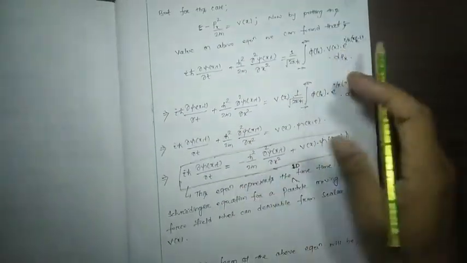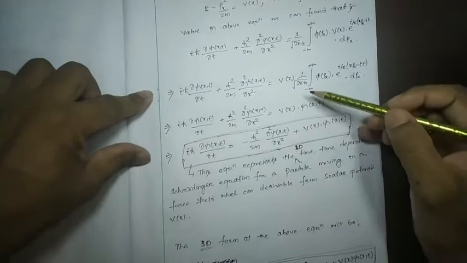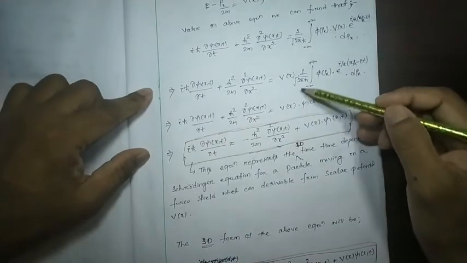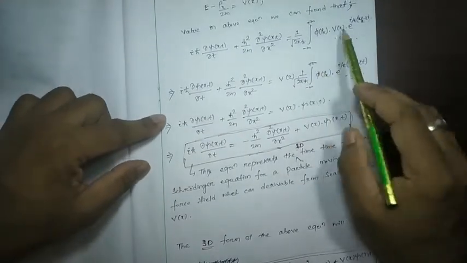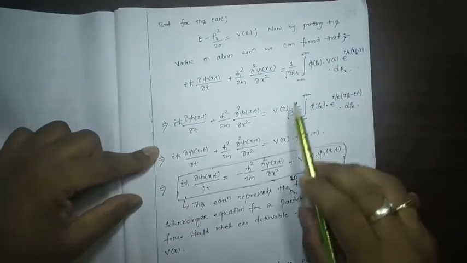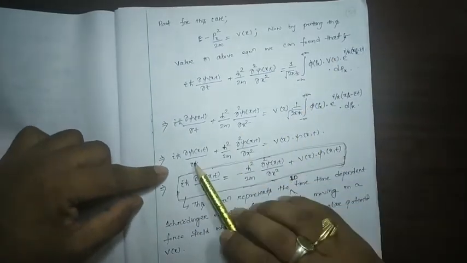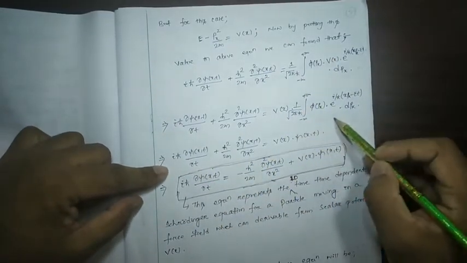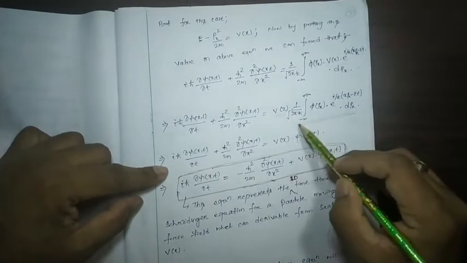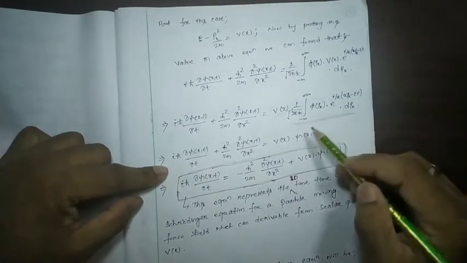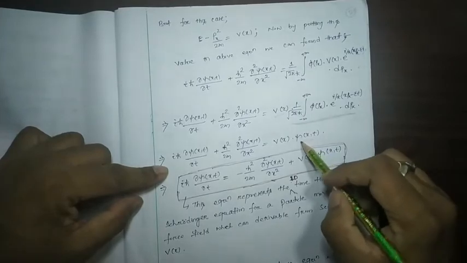These are easy steps. I only took Vx outside of the integration, and we found that this much is nothing but Vx times our initial wave function psi xt.